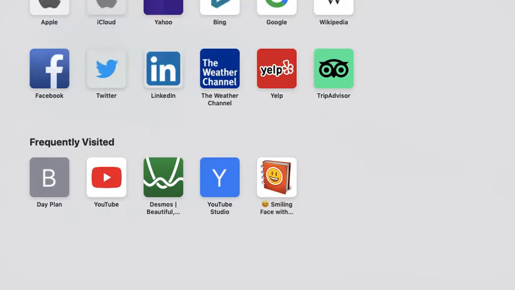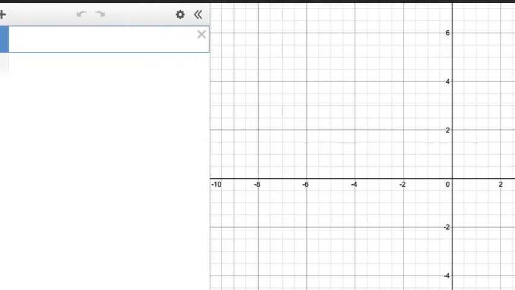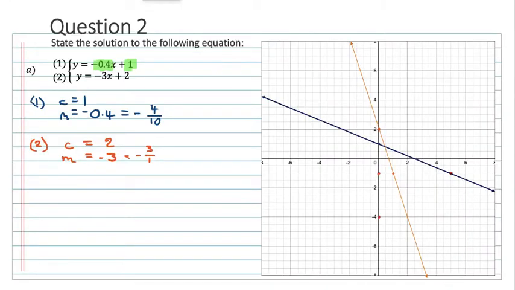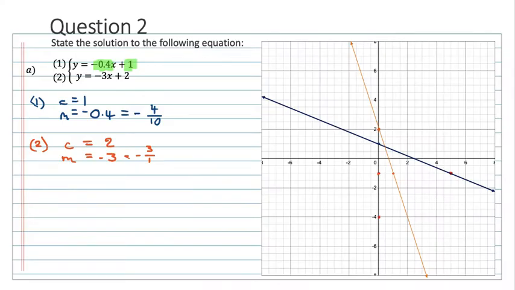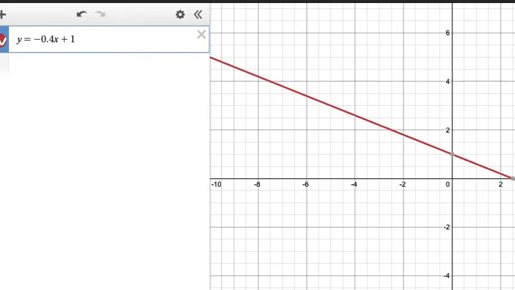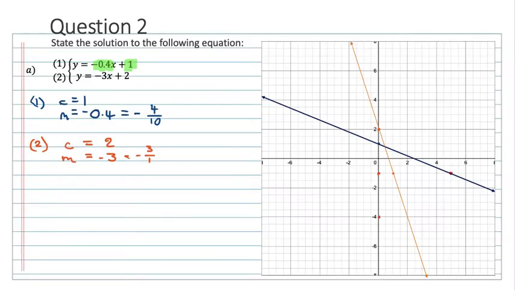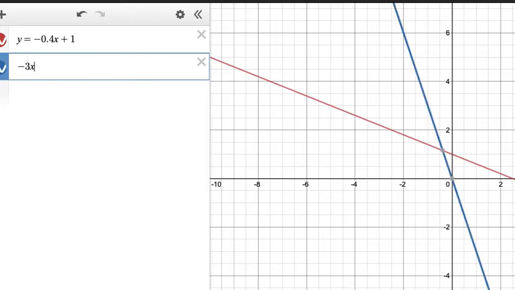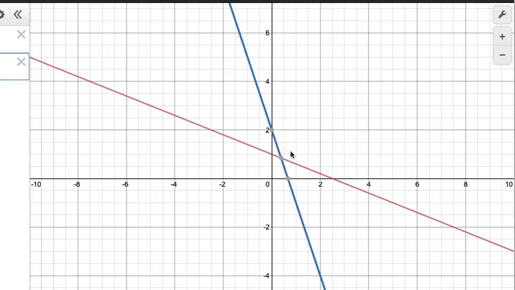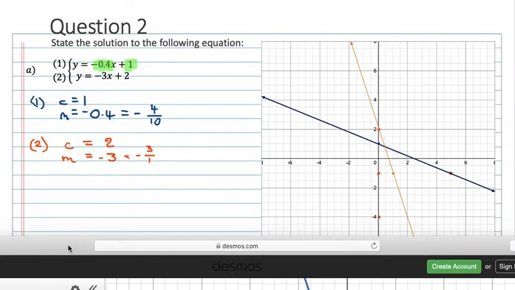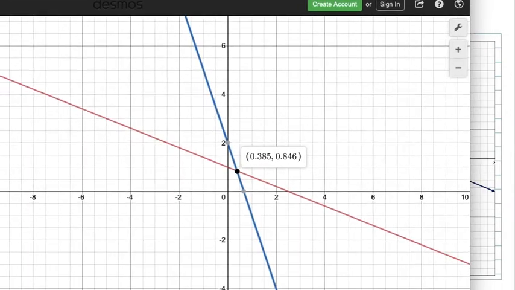We'll go to Desmos, start graphing, and I'm going to input y equals negative 0.4x plus 1 and y equals negative 3x plus 2. And what we find is the lines intersect at this point here, so not quite as clean as I would have hoped, but this would be the solution for our x and y there.